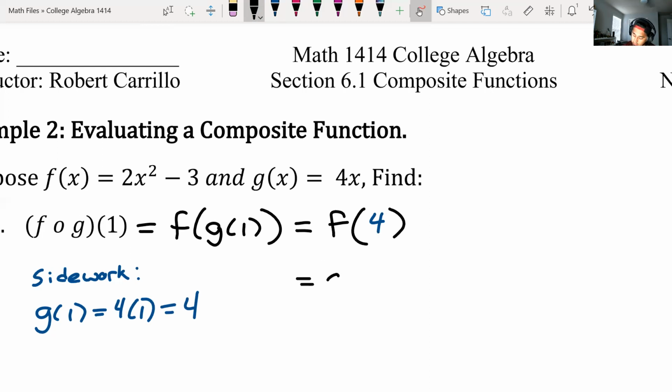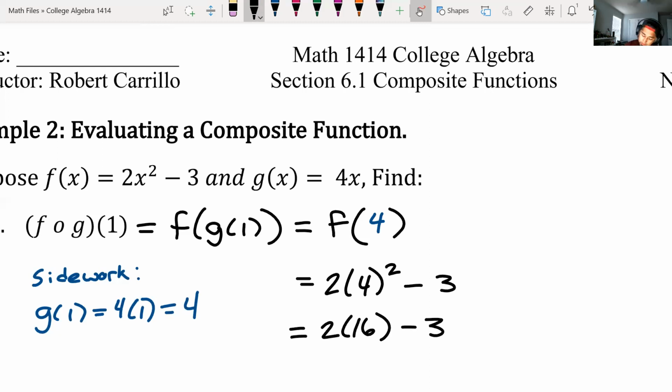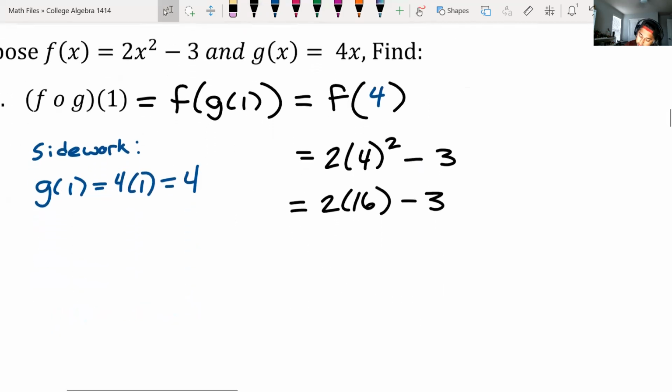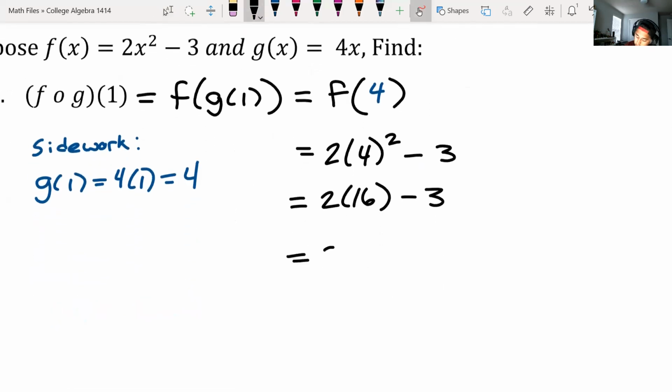So you'll get 2 times 4 squared minus 3, 2 times 16 minus 3, and 32 minus 3, we get 29. Okay, so that is how you compose and evaluate at the same time. Any questions on that?